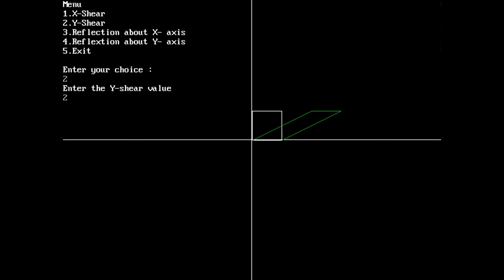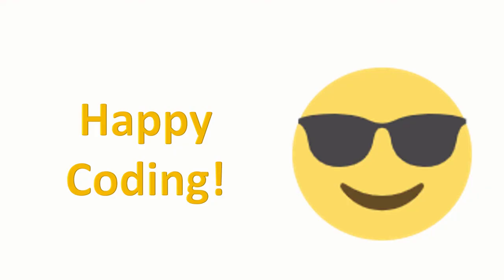When it is y shear, the same thing, we keep the y value and change only the x value. So in x shear, we shear the polygon with respect to the x axis, and in y shear, with respect to the y axis. For reflection about the x axis, we change the sign, and the output will be like this. Choice 4 is reflection about the y axis. You can also do the same thing in the other quadrants. Happy coding.